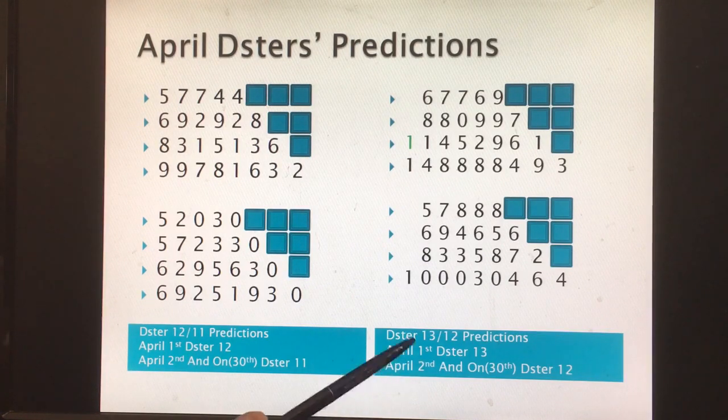It'll be D-star 13 and 12 for April. So April 1st, you use D-star 13, and April 2nd and on, up to the 30th, you use D-star 12. So the only day that you still use D-star 13 is April Fool's Day.